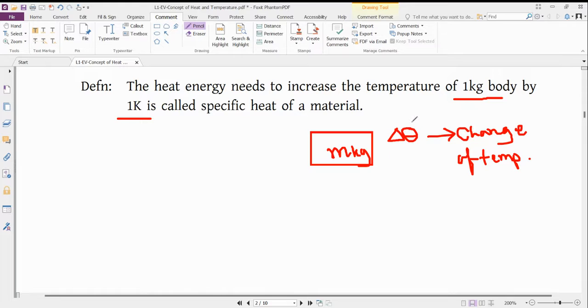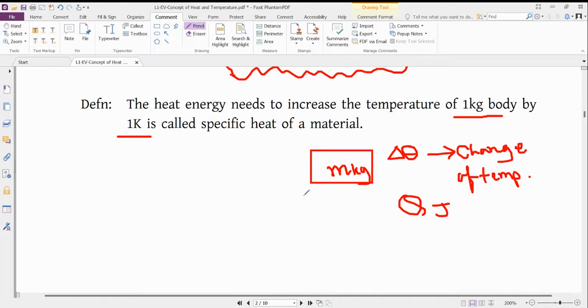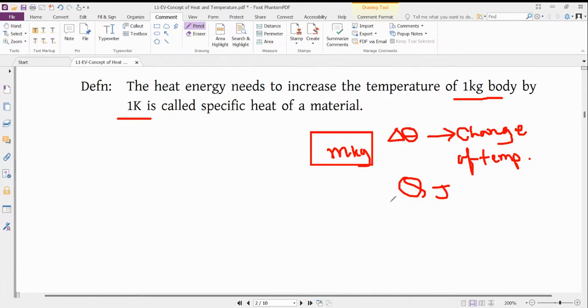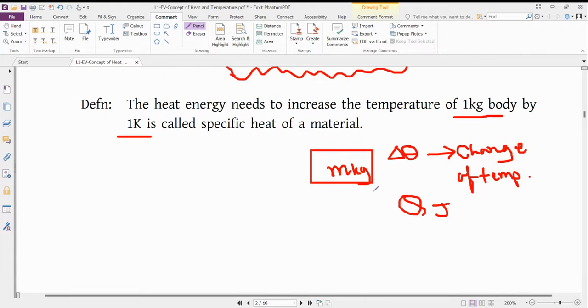And to change the temperature of this body, the amount of heat supplied to this body is Q joule. So in a real experiment, normally we increase the temperature by more than 1 Kelvin, maybe 5 Kelvin, 10 Kelvin to 100 Kelvin, something like that.